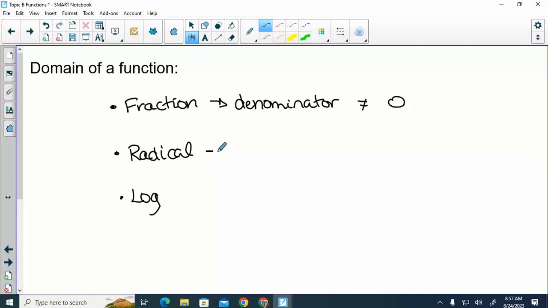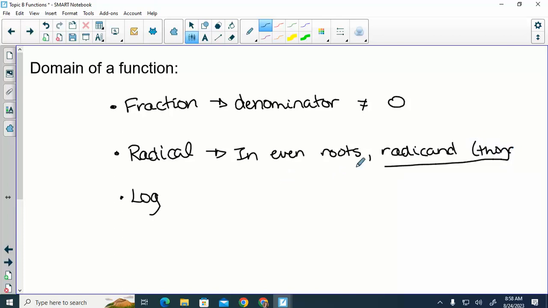So if it's even roots, so square root, 4th root, 6th root, and so on, the radicand, which is the thing under the radical, has to be greater than or equal to 0.